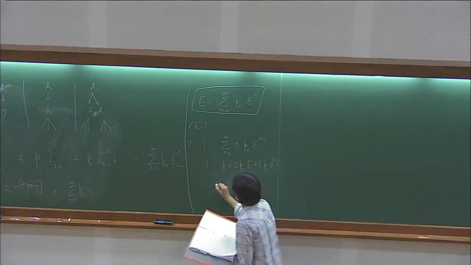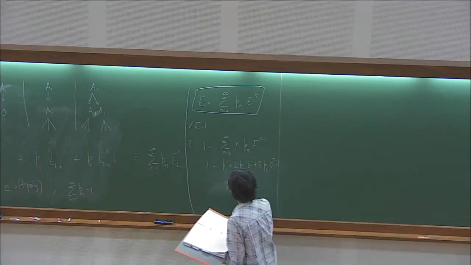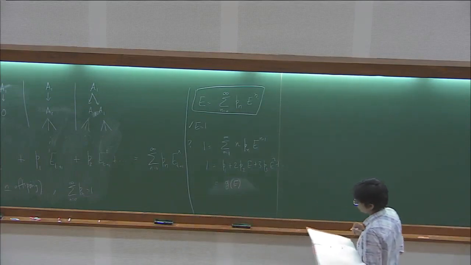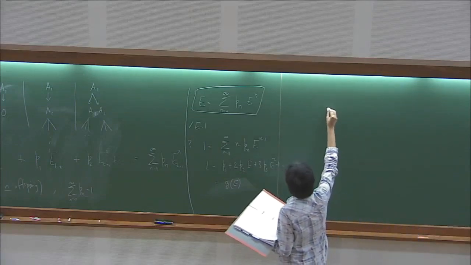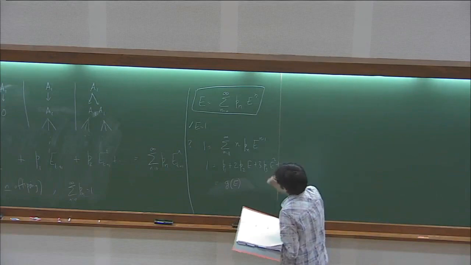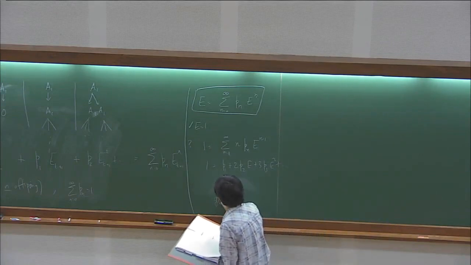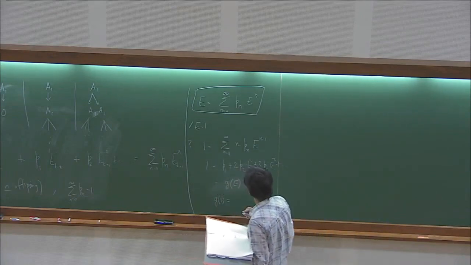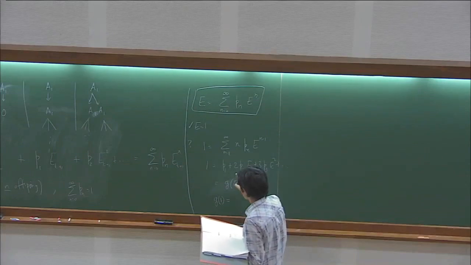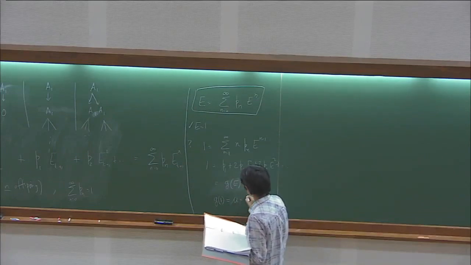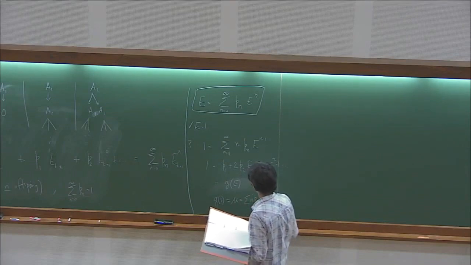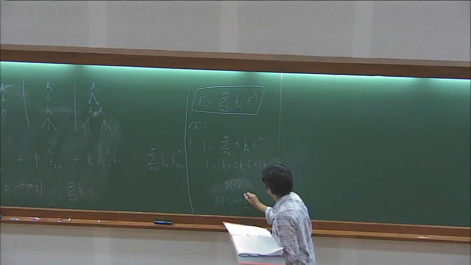Let me just show that. G of 1 is the average number of offspring, right? It's mu. So let me just do this, okay, and I'll explain.